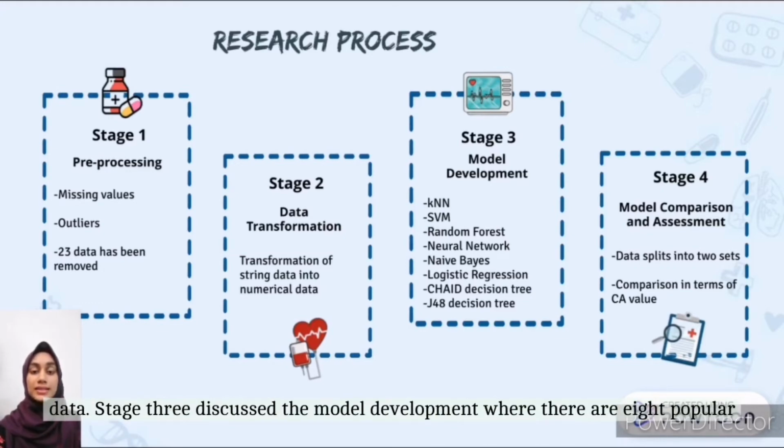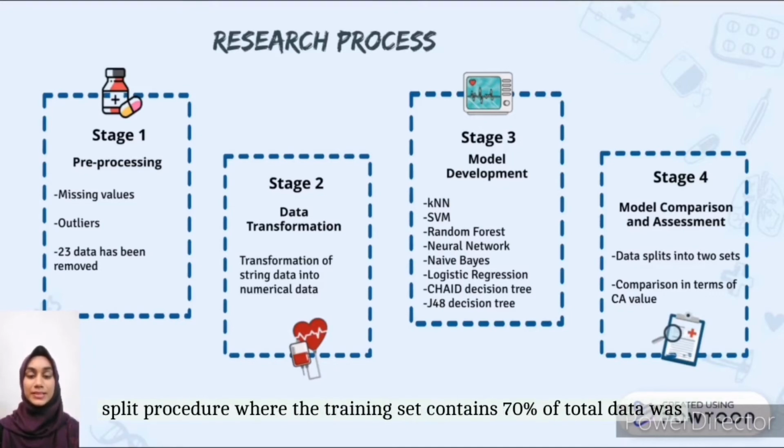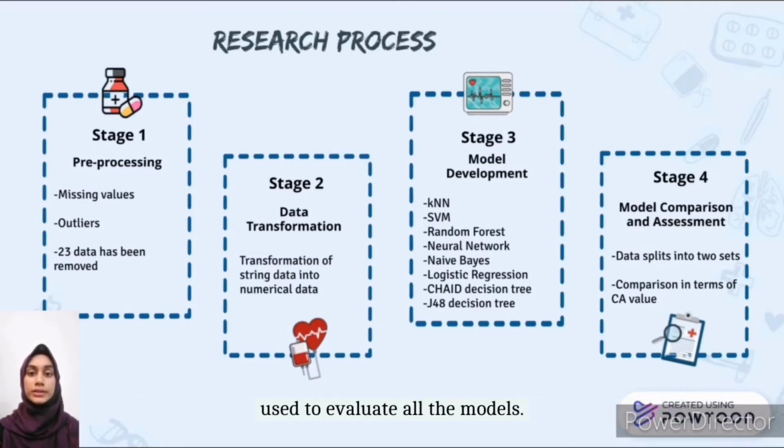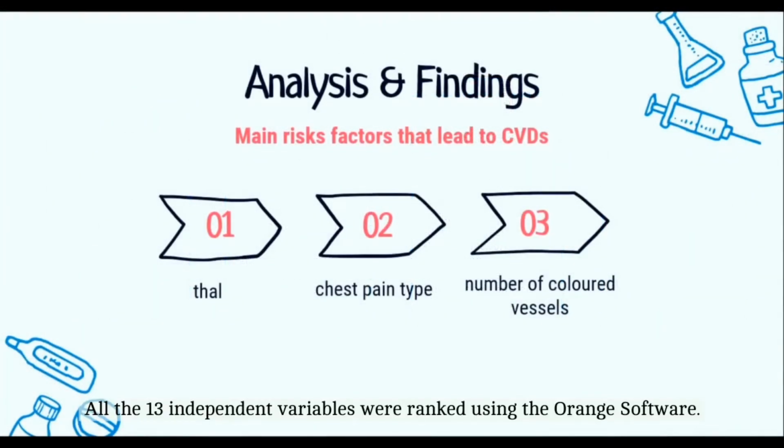Stage 3 discusses the model development, where there are 8 popular approaches that have been chosen to be used in this study. Besides, a train-test split procedure, where the training set contains 70% of total data, was used to evaluate all the models. Thus, a model with a higher CA value will most probably be chosen as the best model. All the 13 independent variables were ranked using the Orange software.